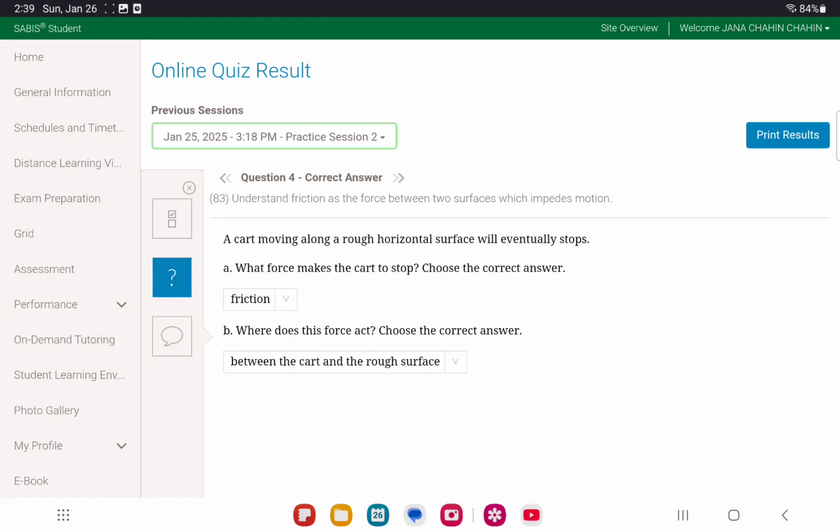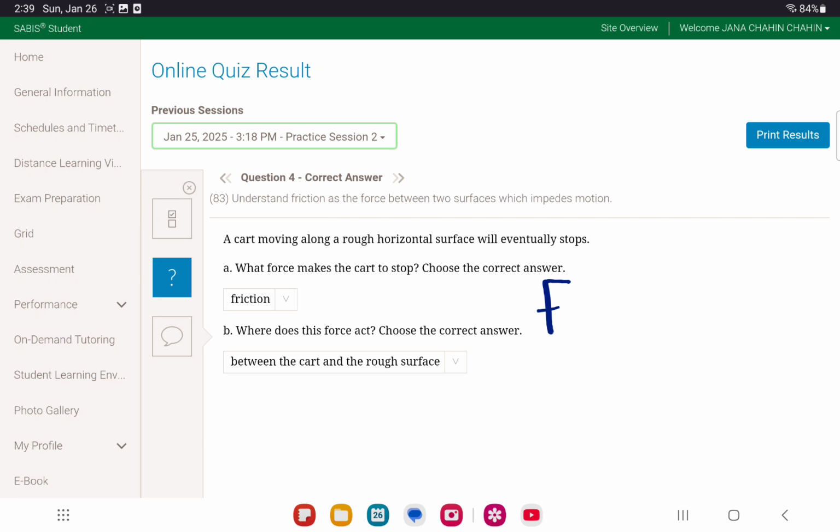Okay, here we have rough and surface. So when they're asking for the force and we have rough and surface, it's friction, like I said. And then where does this force act? Do you remember when I said something on something?